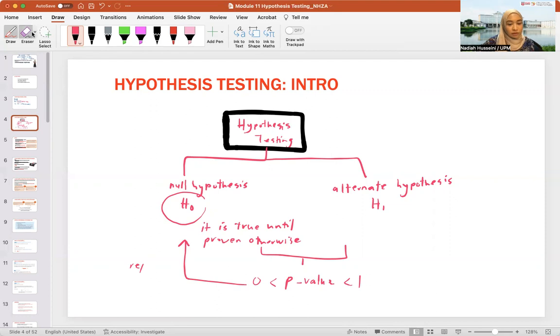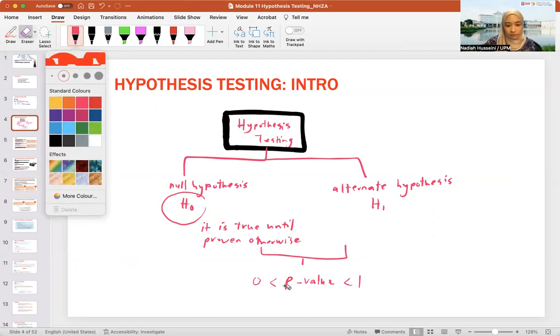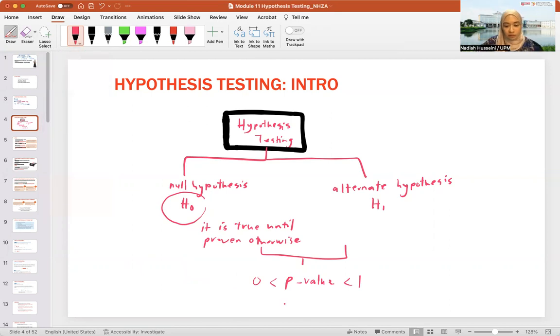Oh wait, this is not a good flowchart. So we have two values here, small and large.